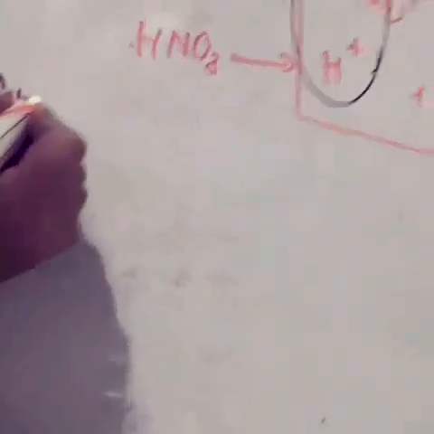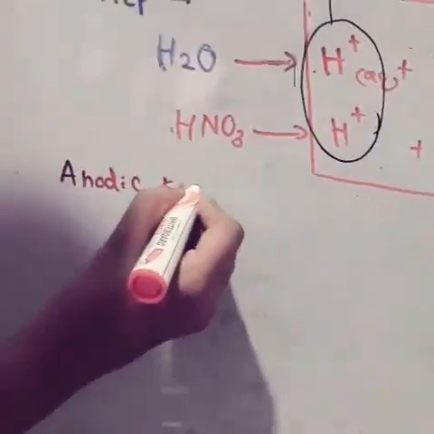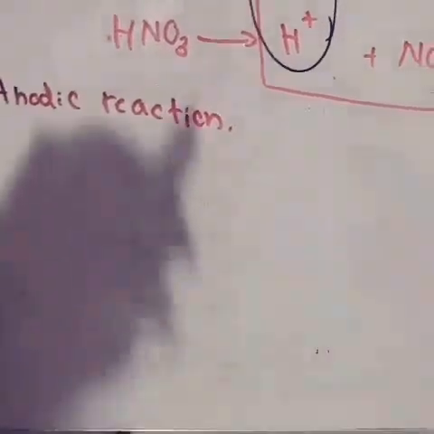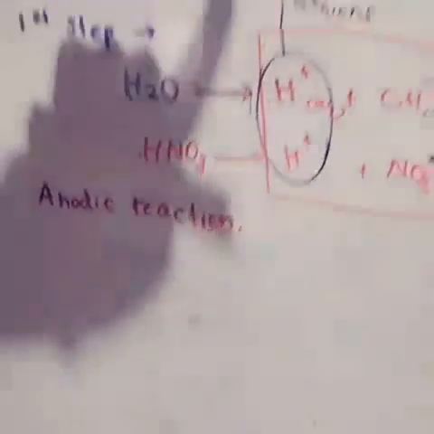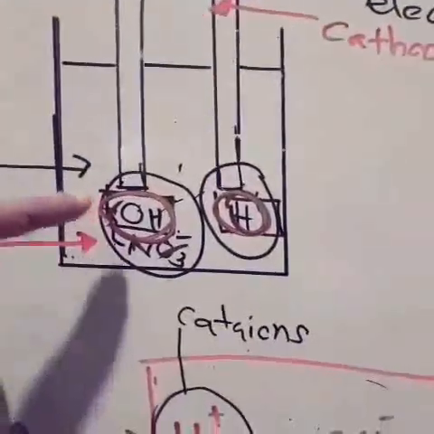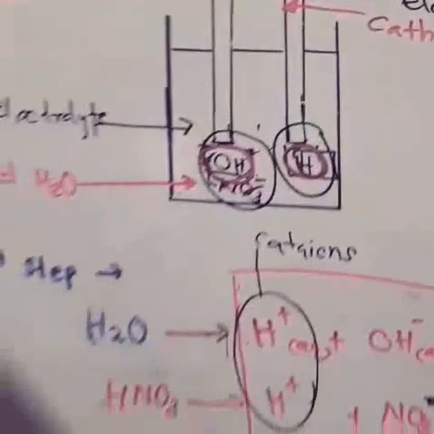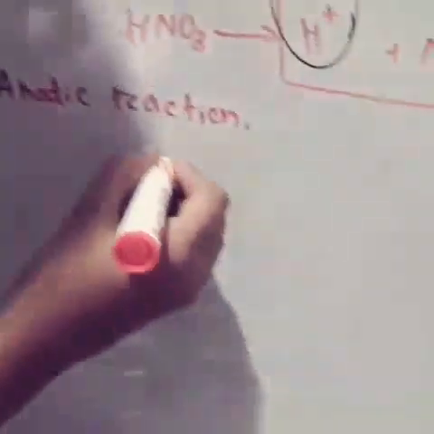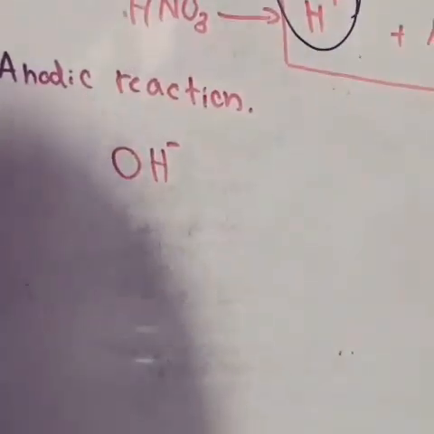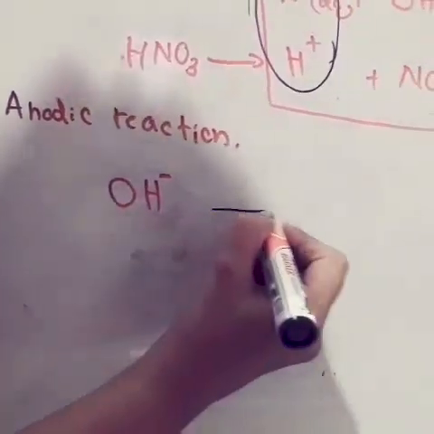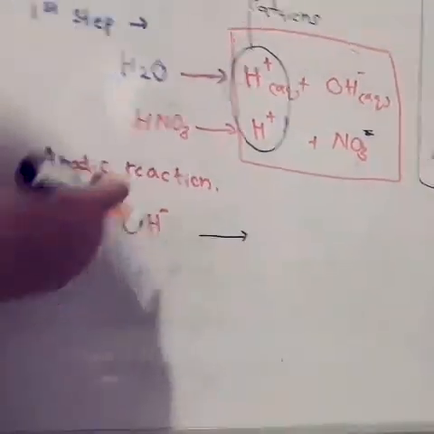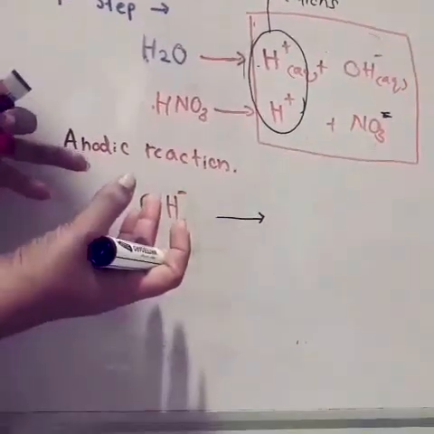Anodic reaction. Now first of all, near the anode the reacting ion is the OH ion, hydroxide ion. And I'm going to start with the hydroxide minus ion. How is it changing? It is minus, meaning it has electrons.